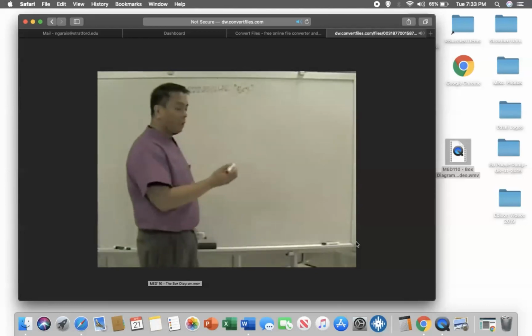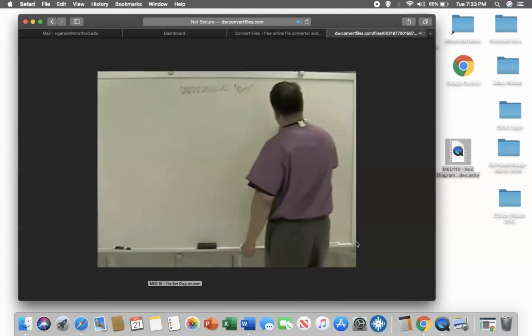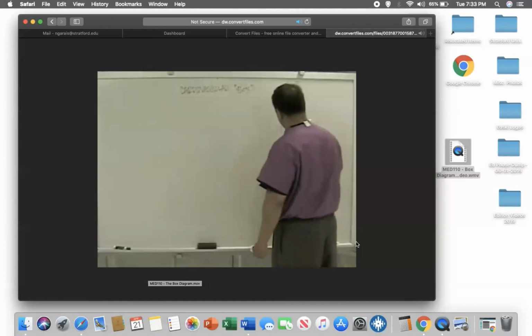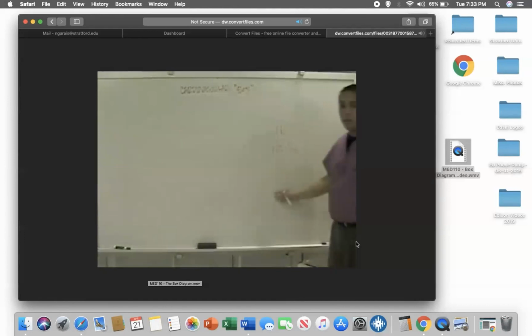The next convention is anything that's oxygenated will be colored in red. As you can see here, everything on this side of the diagram will be labeled in red, and the red blood cell is carrying O2, oxygen. That's our fuel.